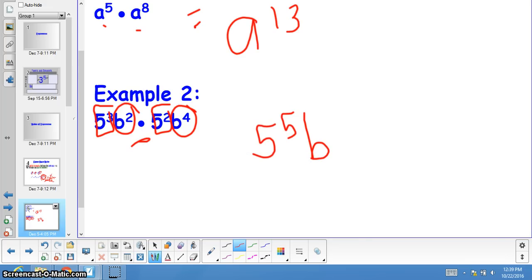Same base for the b's again, multiplication, add the exponents. And you should get 5 to the 5th, b to the 6th. You could have multiplication signs, but not necessary. As we are getting older, we don't need to represent every single thing. We know when different variables and numbers are side by side, multiplication is the operation.